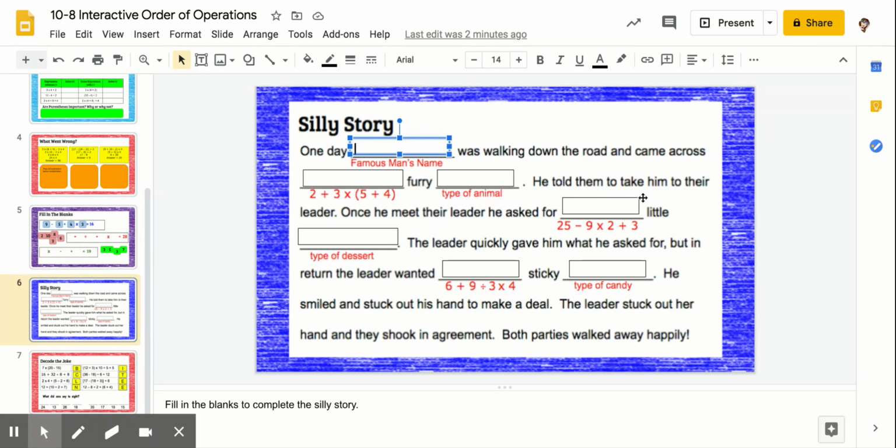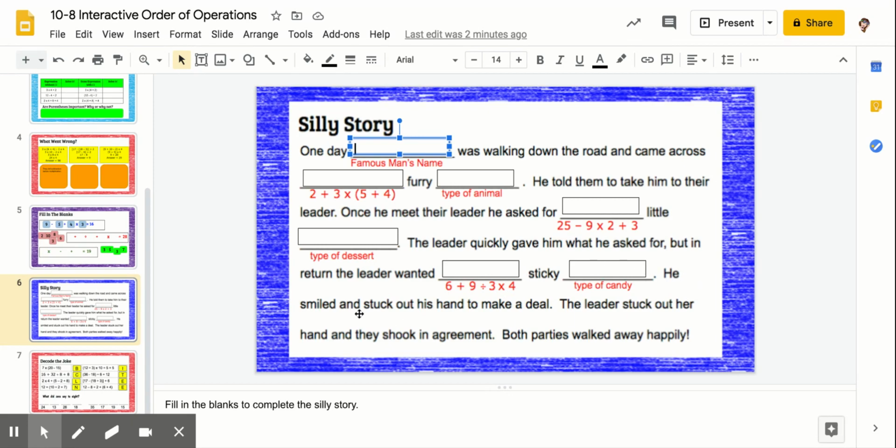He told them to take him to their leader. Once he met their leader, he asked for this many. So you'll have to solve using order of operations. Little types of dessert. So whatever type of dessert you would want to put there. The leader quickly gave him what he asked for, but in return, the leader wanted, you'll have to solve that many, sticky, and then whatever type of candy you want.